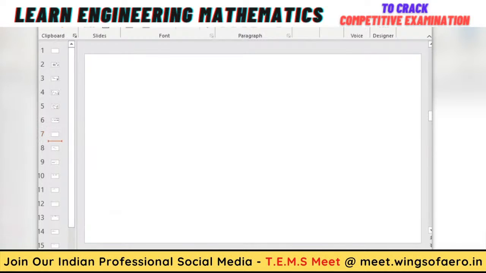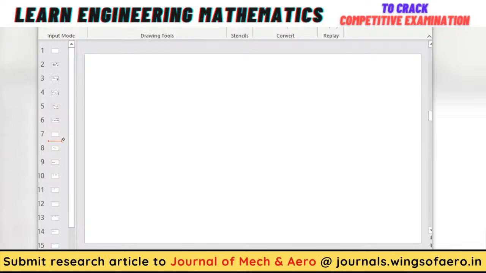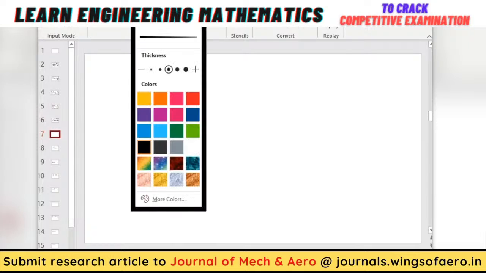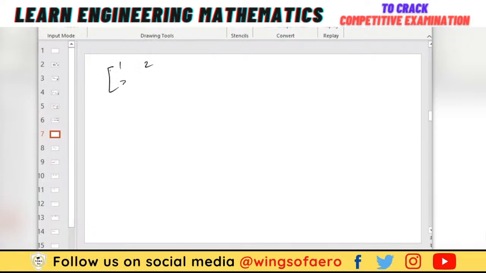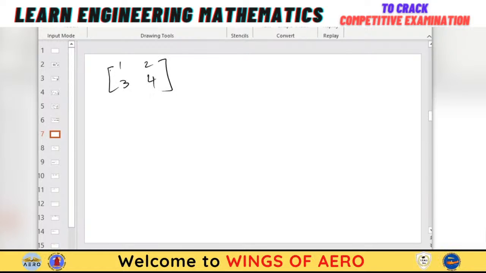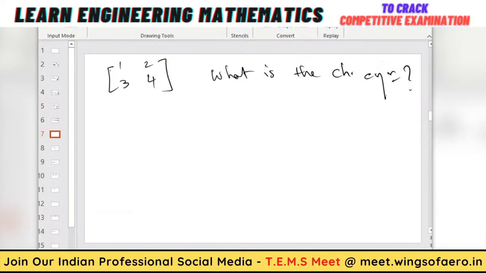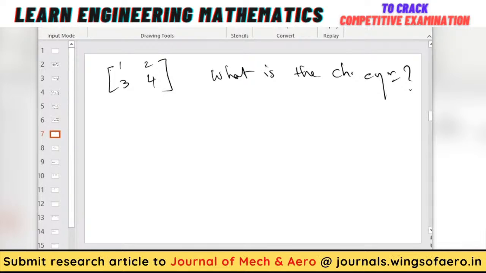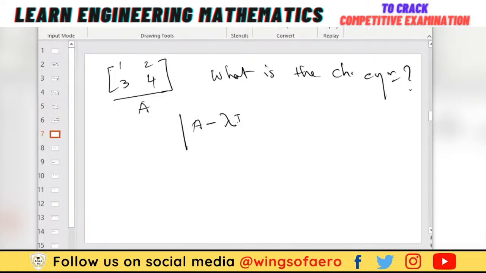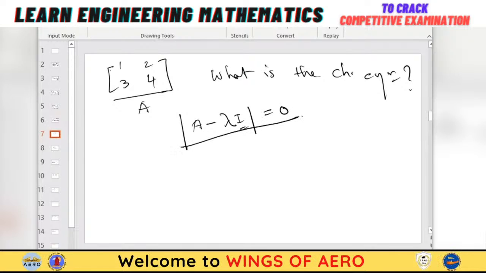Suppose a matrix is given, and you need to find the characteristic equation. The CH equation, I'm using the short form, is nothing but A minus lambda I, where I is the identity matrix, equal to 0. This equation is called the characteristic equation.